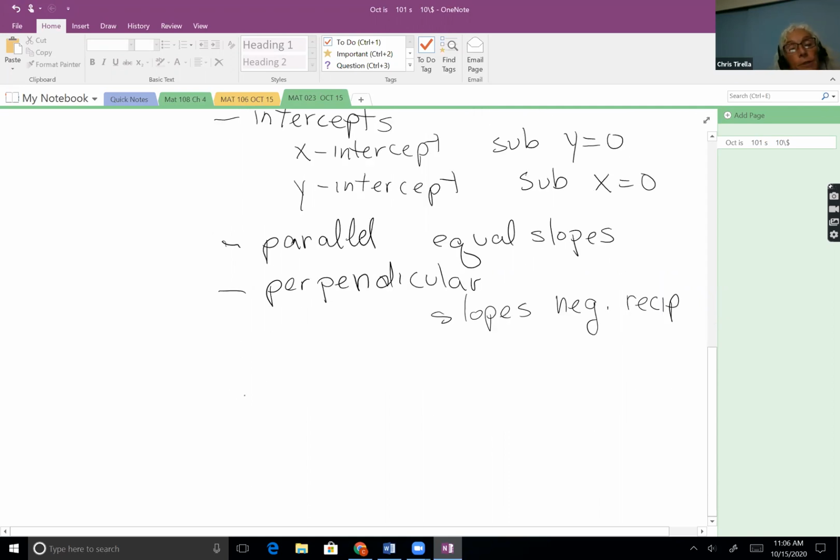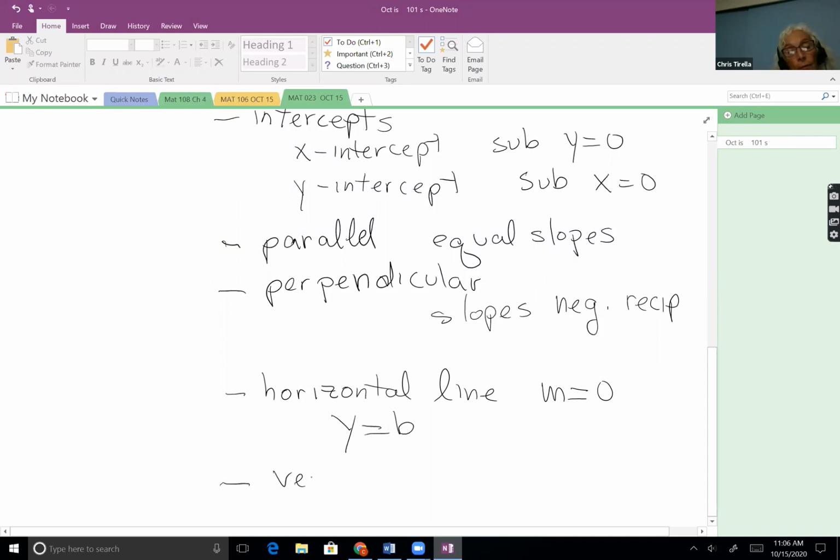You need to know that if you have a horizontal line, the slope is 0, and its formula is y equals a number.